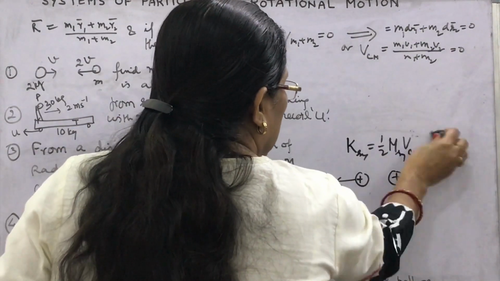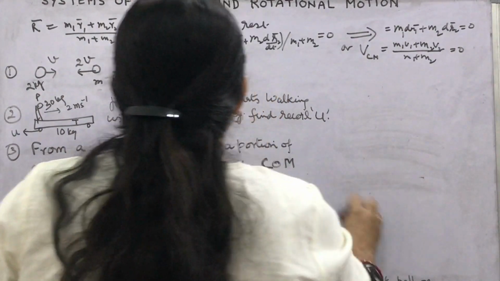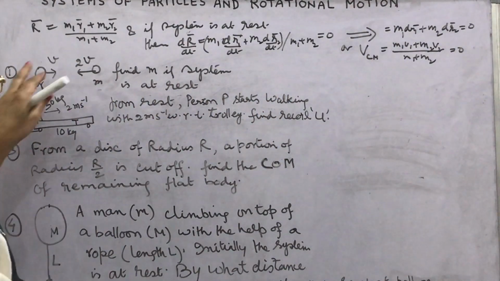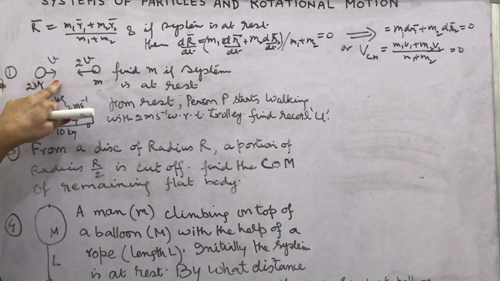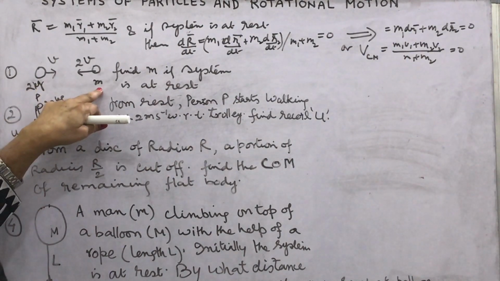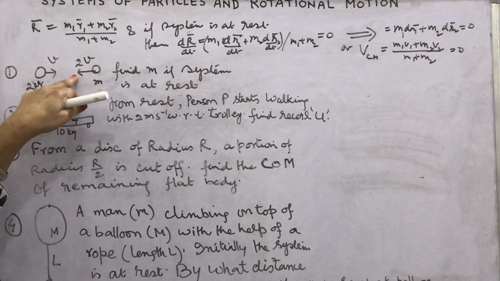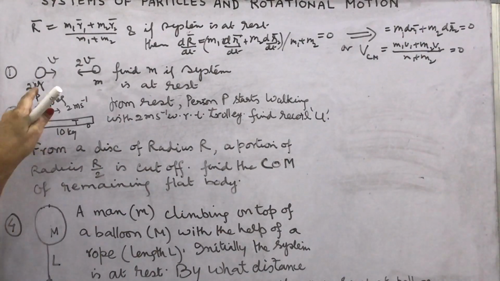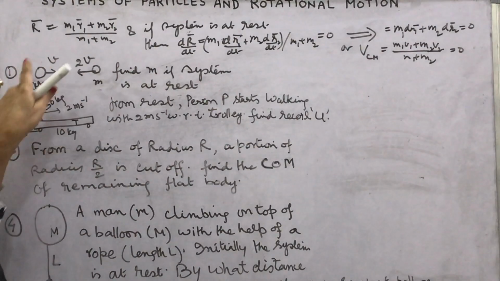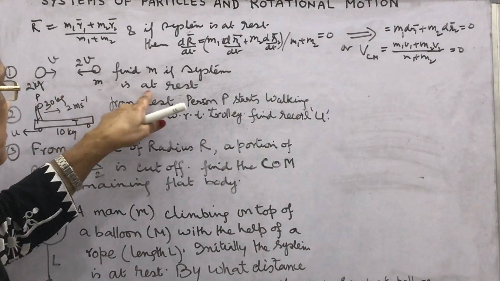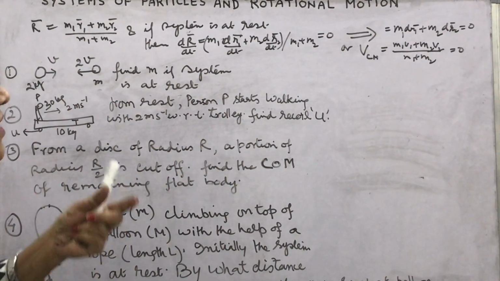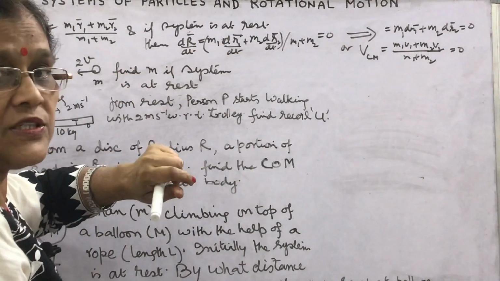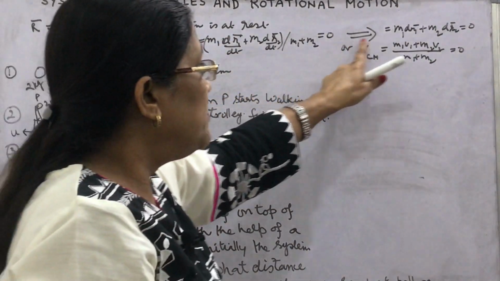Look, I have selected a few numericals. First one: a particle of 2 kg is moving with velocity v and another mass m is moving in this direction with velocity 2v. Find the mass if the system is at rest. Again, if the system is at rest, this will be the equation.